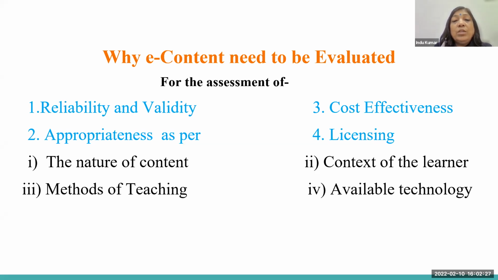So we also need to see how much weightage a particular content piece is having in the syllabus and also its nature before deciding upon what kind of content we are procuring, purchasing, or creating, so that cost effectiveness also can be worked towards. Then licensing I have already discussed.